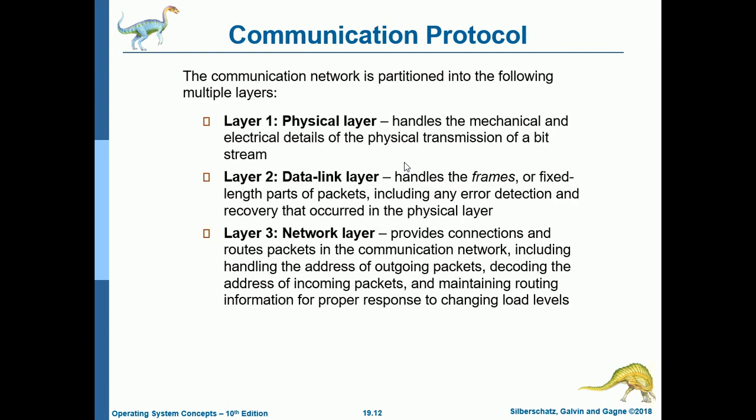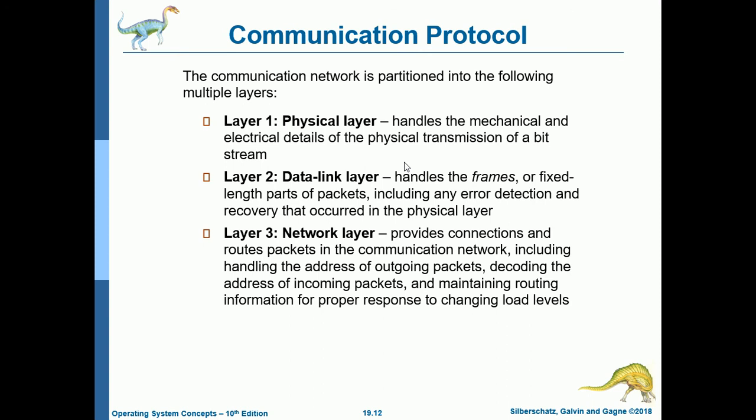Okay, next we have the communication protocol. The communication network is partitioned into multiple layers. Layer 1 is the physical layer. It handles the mechanical and electrical details of the physical transmission of a bit stream, so it is mostly the hardware component.